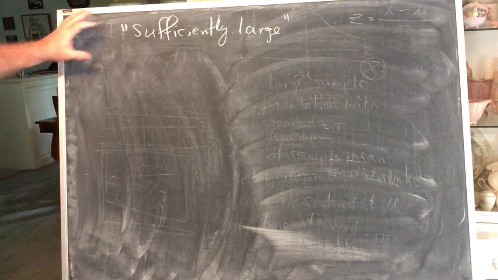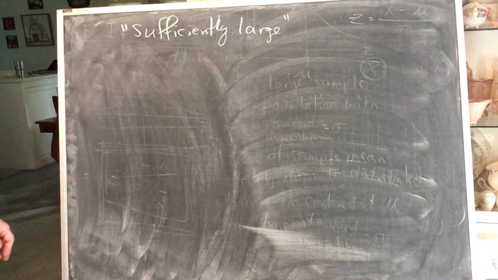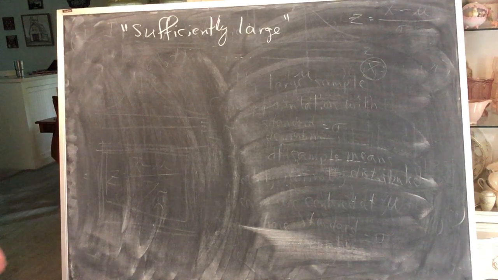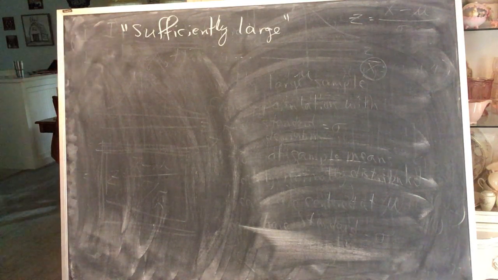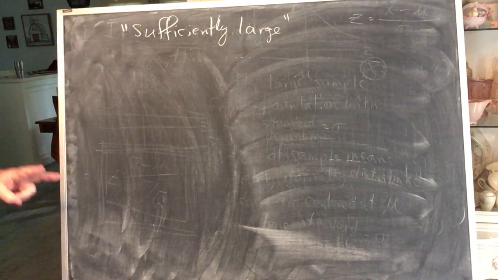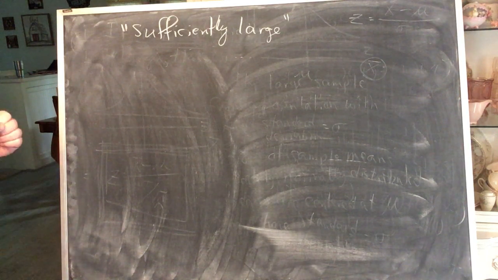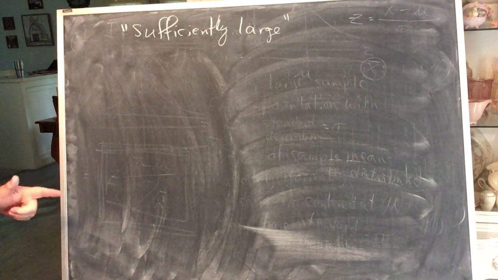Our next task is to comb through what we mean by this phrase, sufficiently large. We won't drag this out too long, but it is enough to say that for the work that we will be doing, vast experience, by which I mean years and years of professional work, has shown that there are two ways to meet the sufficiently large requirement.